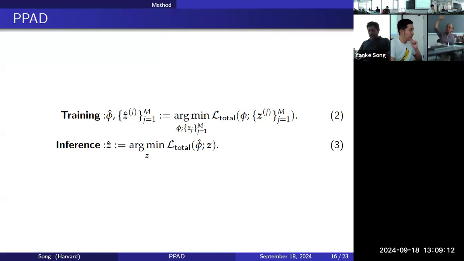So, Yanke, there is one interesting point I want to raise. In general classical statistics, we do not try to optimize over latent variables, because if you optimize latent variables, like maximize them, you will be overfitting. So for latent variables, you do integration, a marginalization.